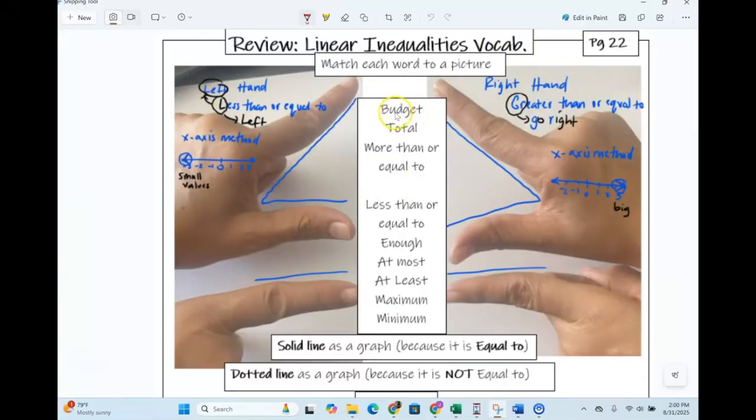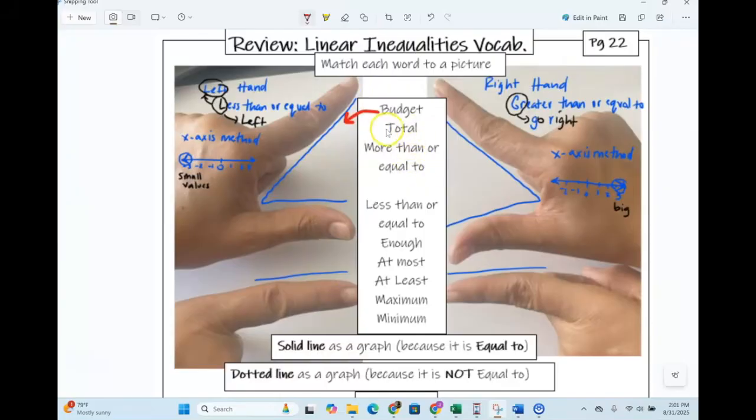I can have 18, 19. I cannot have 21 because I don't have that money. So budget is less than. Now, do I include it? If I have a budget of $20, can I spend $20? Yes. So if I'm including the maximum, I do or equal to. So this one is less than or equal to.